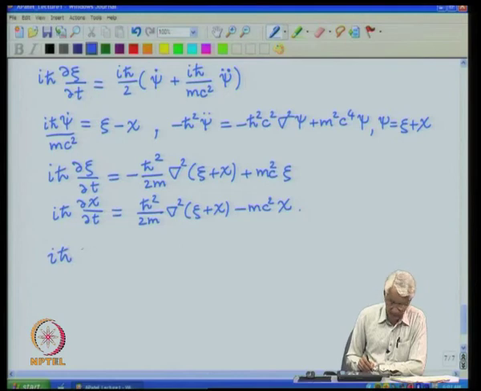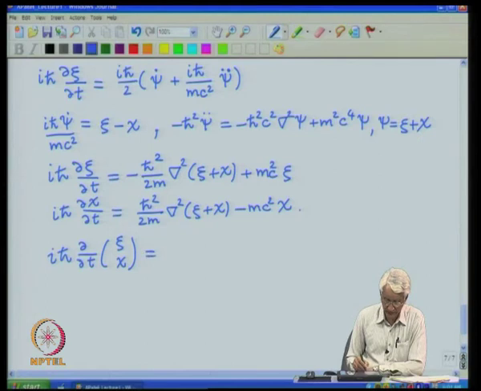So, let me rewrite this equation in a two component notation, where the two components are just written as a simple vector consisting of zeta and chi.